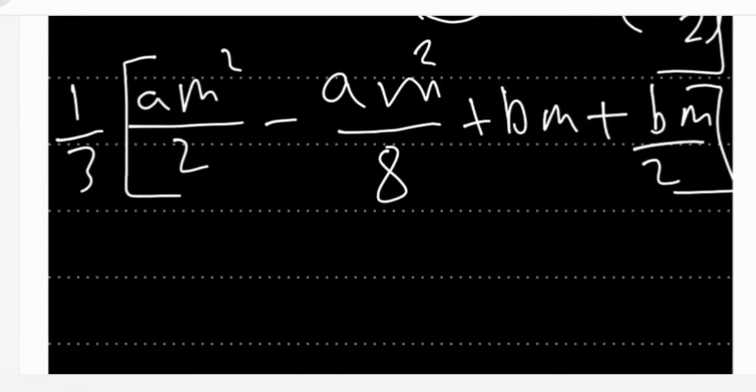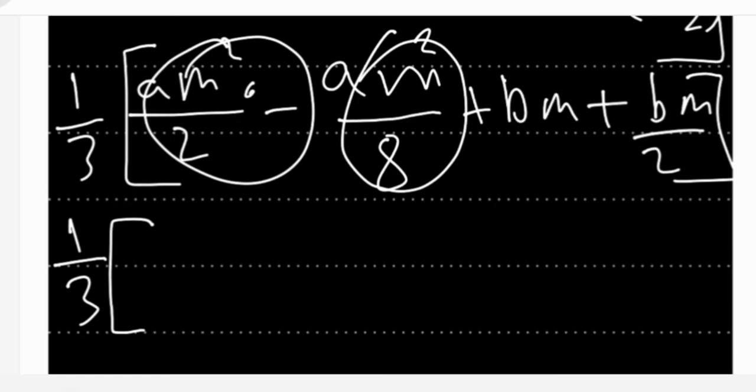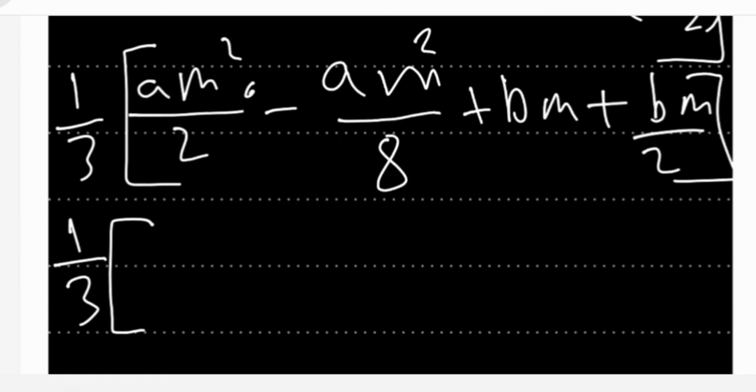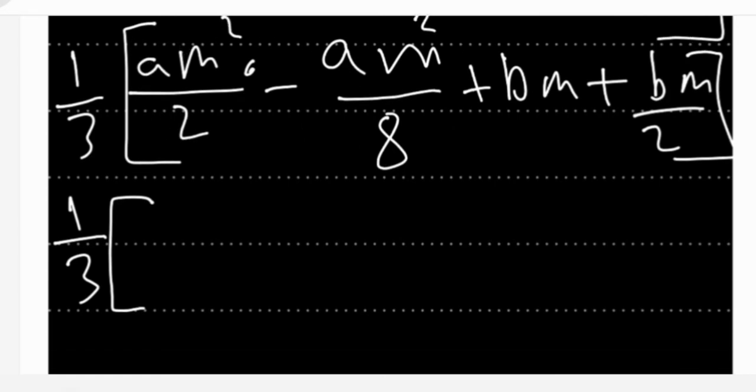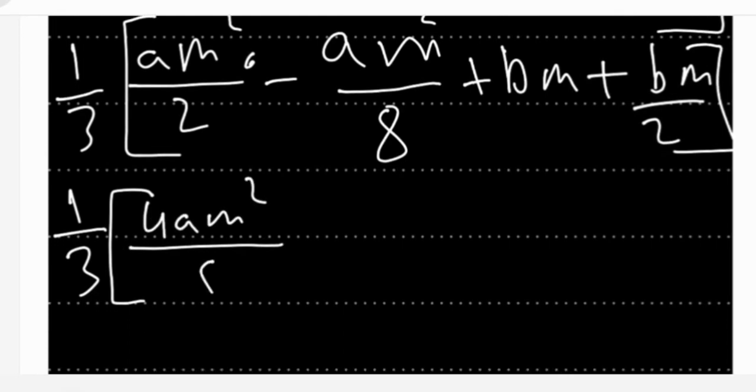Now I'm going to start joining things. I'm going to multiply this part by 4 above and below, so that I can sum these two, using the minimum common multiple. So 4 a m squared divided by 8.